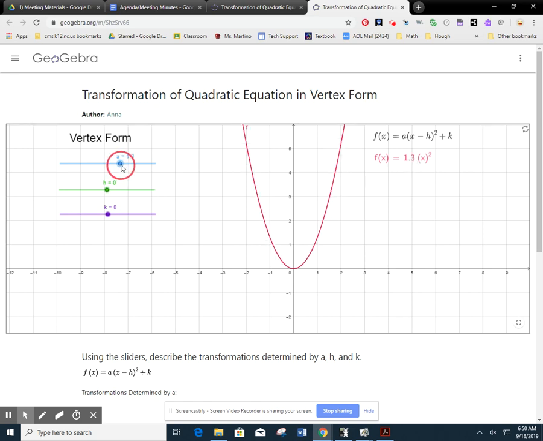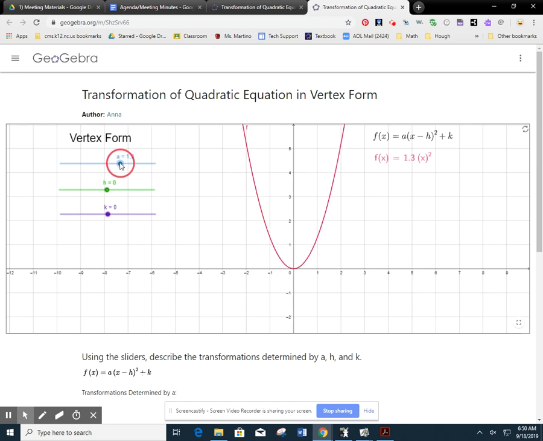So if we pull upward, the parabola gets skinnier. And if we then push downward, the parabola gets wider. So as we decrease the values of a, now we're back to the parent function. So anything above 1 is going to stretch the parabola and make it skinnier.